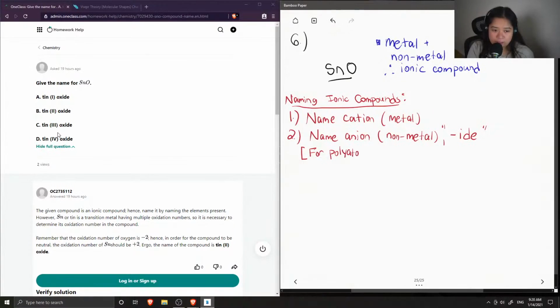I'm just going to write that down. This doesn't pertain to our example, but it's still important to know. So you don't need to add the "ide" at the end.